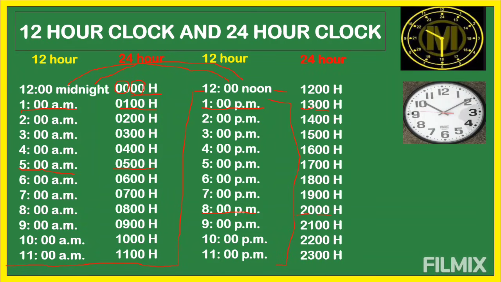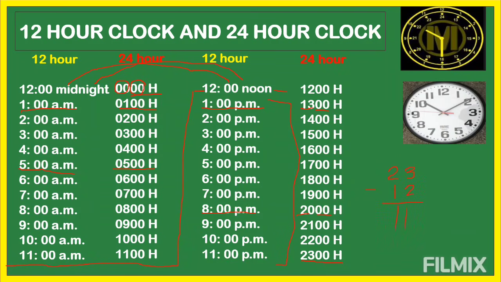Okay, how about 24 hours? We're going to change that into a 12-hour clock. For example, 2300 hours. Okay, this is so easy. Just subtract 12 hours. 23 minus 12, the answer is equal to 11.